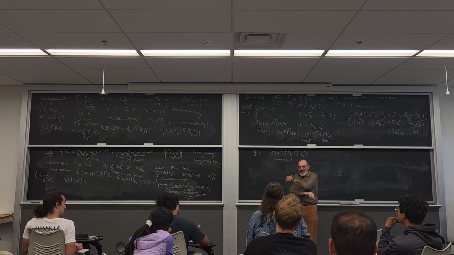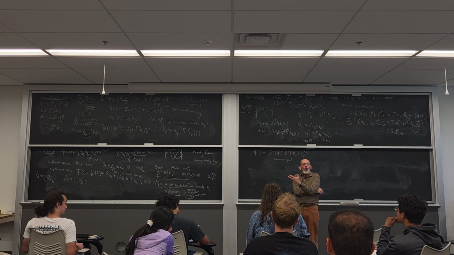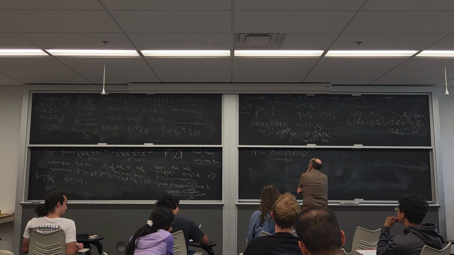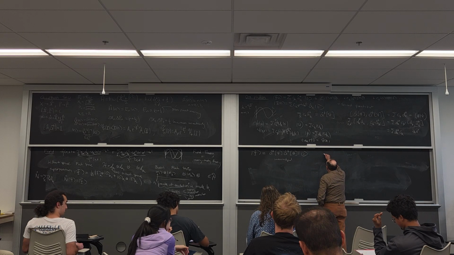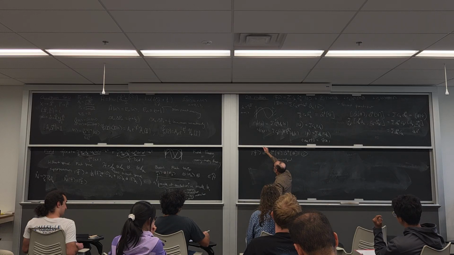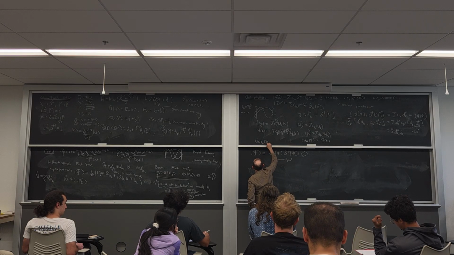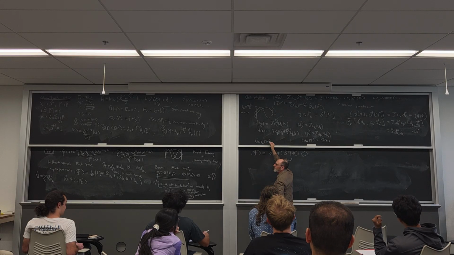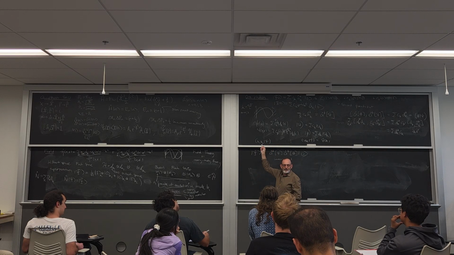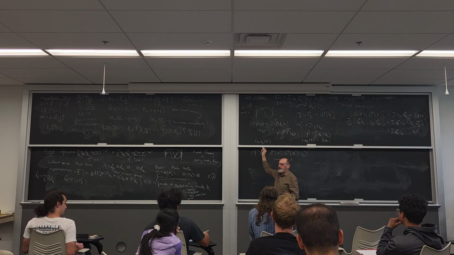So now I want to ask, what's the two-particle momentum space wave function? There's a k1 and a k2, and in first quantization, that's the two-body momentum wave function. There are two particles. It's a function of both k1 and k2.